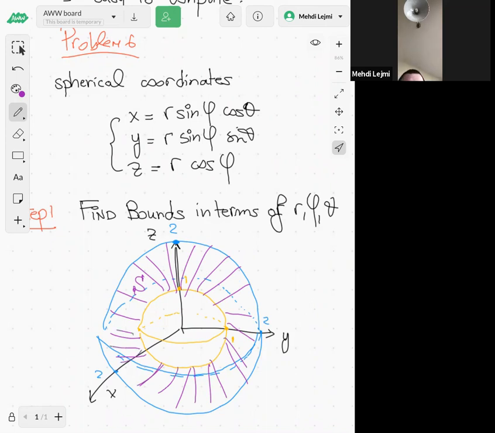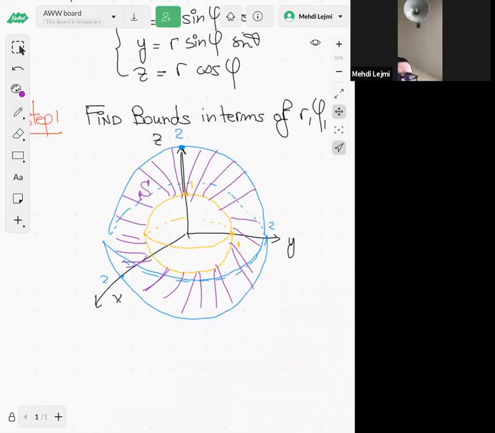You want to find the bounds in terms of r, phi, and theta. In general, r is the radius. If you have x squared plus y squared plus z squared, that equals r squared.